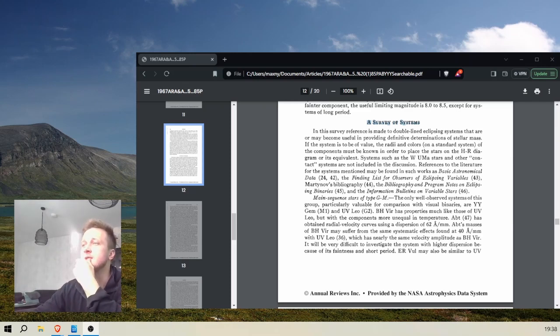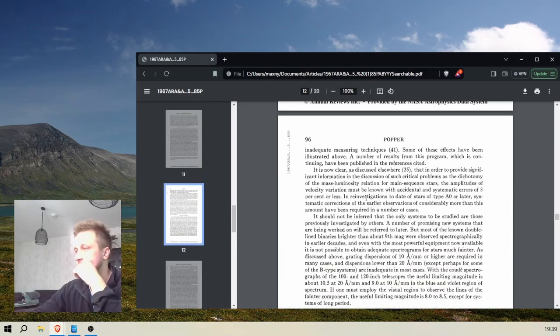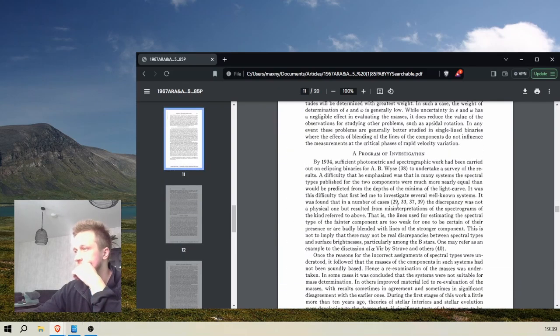And as we saw recently, he talks about some errors or some misinterpretations of the spectrograms made by other papers, and I thought that was really interesting. I do get the feeling that this guy is very, very careful, and that's the kind of author that I also want to read.